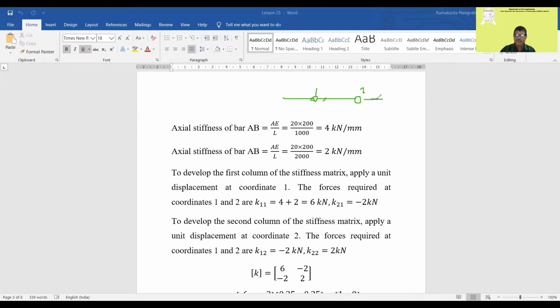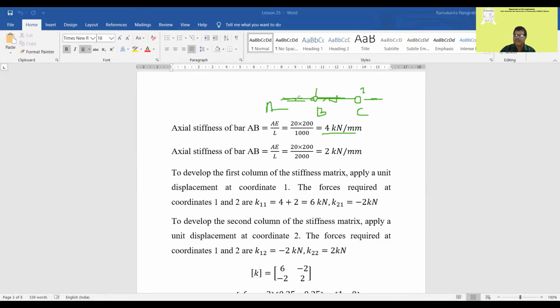So if you are applying a unit displacement, the force developed here will come from this side and from this side. From this side it is 4 kilonewton per millimeter for AB. So when you are applying the unit displacement at B, there will be member forces in AB and BC.